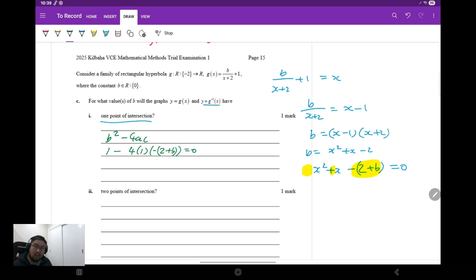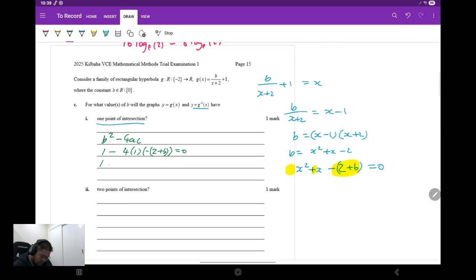So if you just tread carefully, let's do the expansion. We got 4 brackets negative 2, negative 2b is equal to 0. 1 minus negative 8.